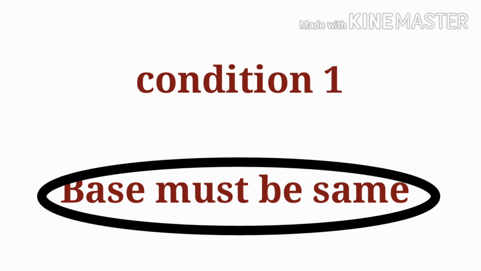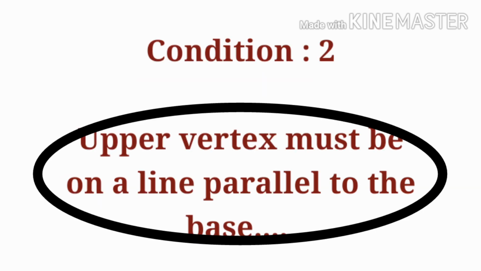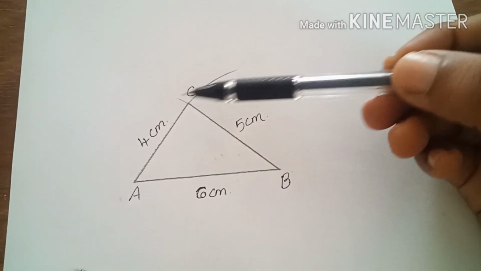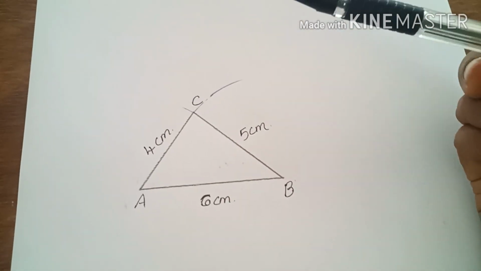For all the triangles with the same area, their base must be same. Now the second condition is upper vertex must be on a line parallel to the base. That means we need a parallel line through all the upper vertices. So for the next triangle also, we have to take the base as the same 6 cm. Next we need a parallel line passing through the point C.